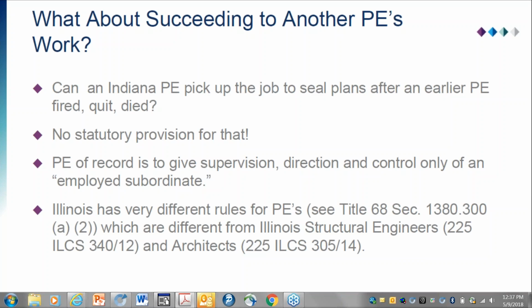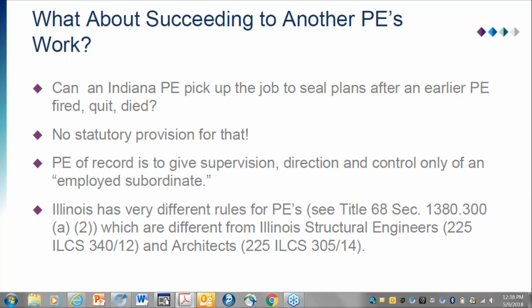Now, here's the thing, though. Illinois has very different rules than Indiana, and they even have different rules for each of the 3 disciplines in Illinois. I've laid out the references there so that you can read what the differences are, but suffice it to say, for Illinois PEs, if the original PE for an Illinois job relocates, becomes disabled, much less dies, then there can be a successor PE.